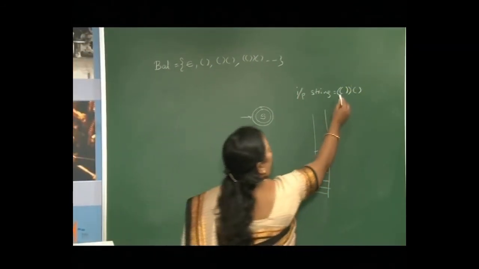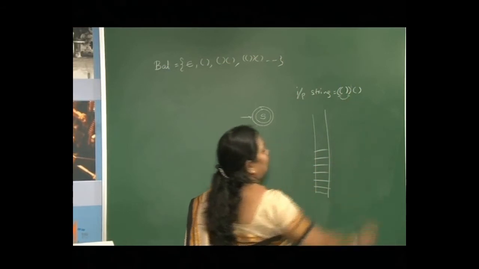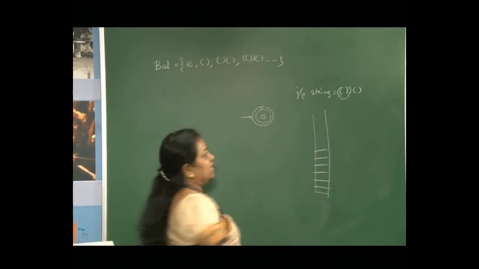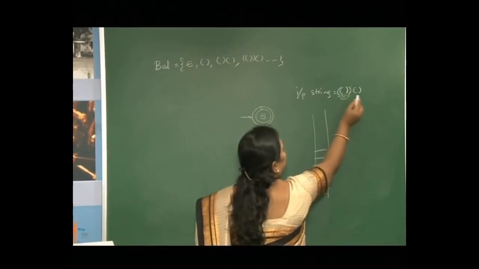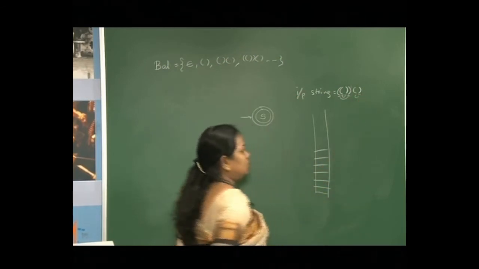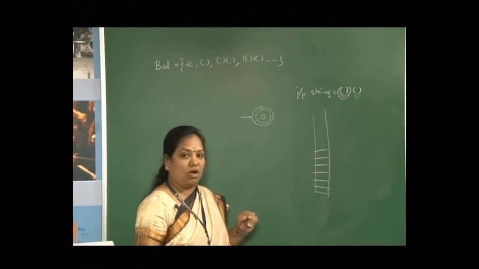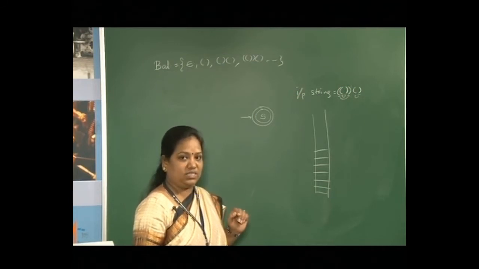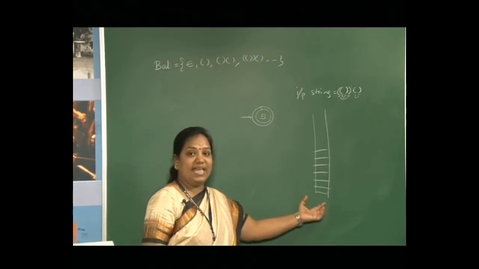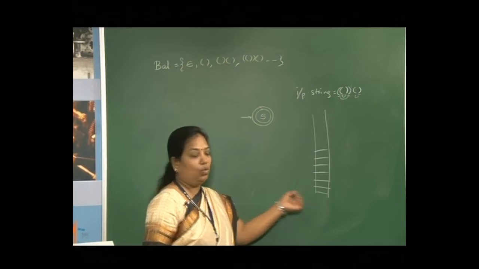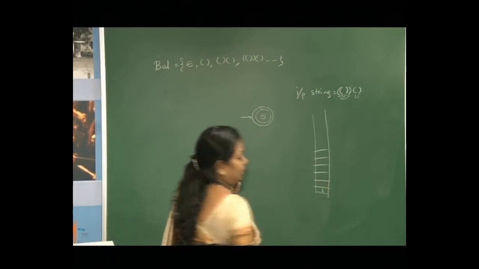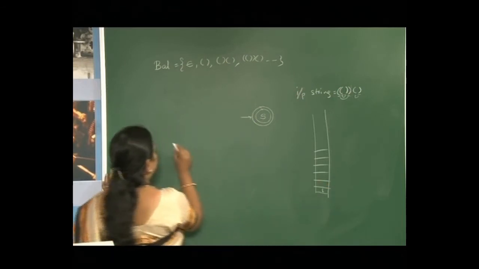An opening parenthesis must be paired with a closing parenthesis. So what will be the logic applied? Whenever I come across an opening parenthesis, irrespective of what is there in the stack, I will push it into the stack. So what will be the rule?